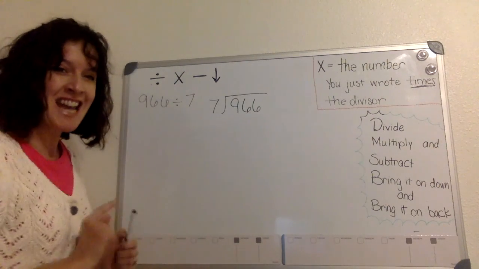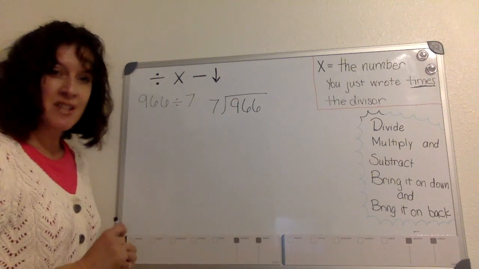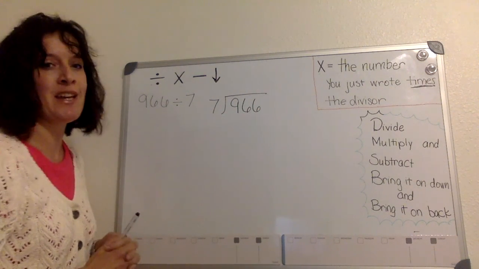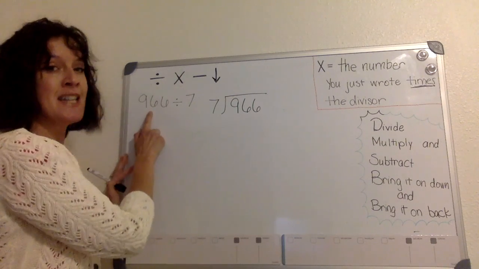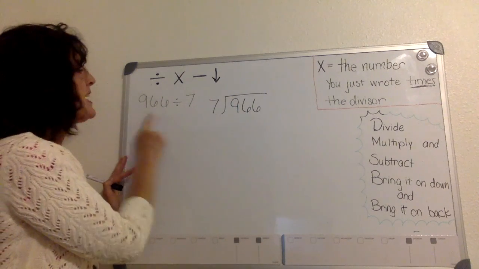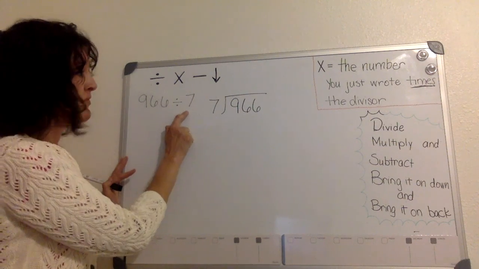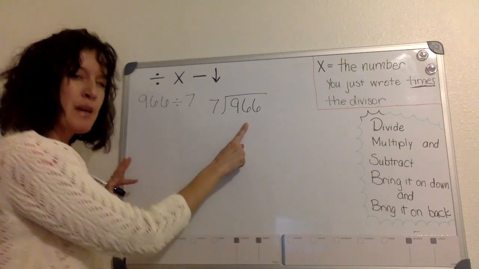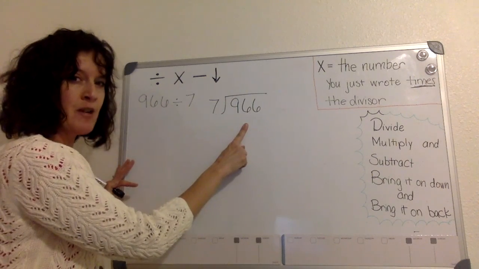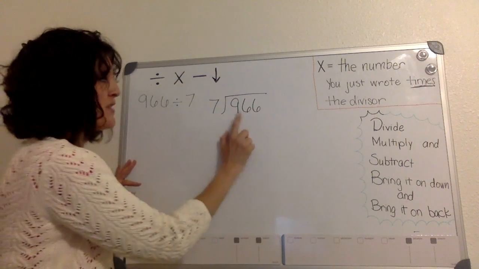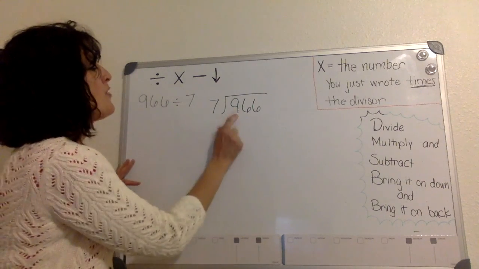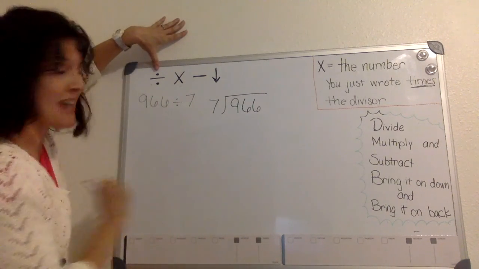All right, the next problem we are going to do is the problem to the right of the one we just did on page 14. And that one is 966 divided by 7. I've already rewritten it. This is what you should do on your piece of paper too, on your scratch paper or in your workbook. First thing we do is divide.